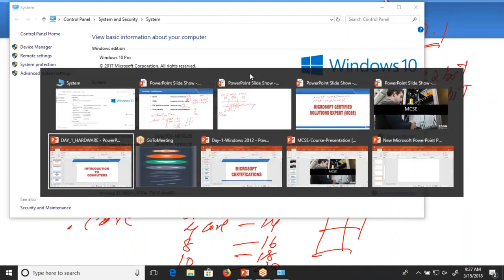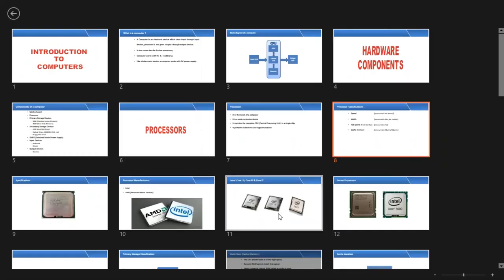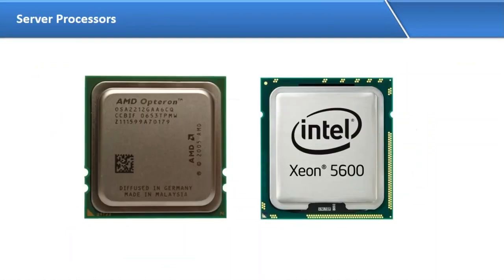Two companies are making processors, and for client processors they are making i3, i5. When you work for servers, one company gives the technology named Xeon, and the other is called Opteron.